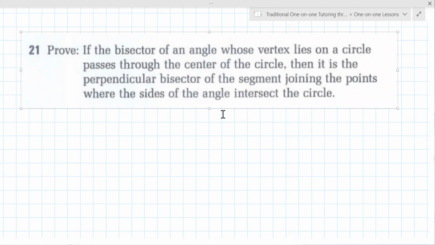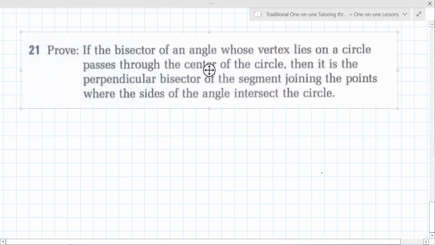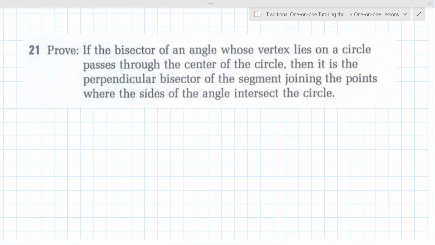So, all right, if the bisector of an angle whose vertex lies on a circle passes through the center of the circle, then it is the perpendicular bisector of the segment joining the points where the sides of the angle intersect the circle. All right, so there's a lot here. Let me do a quick search on this to make sure I actually get the picture right.